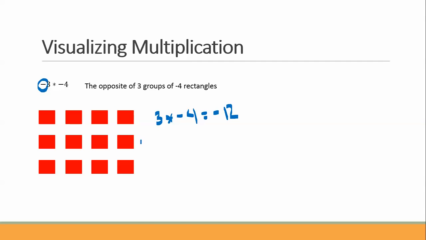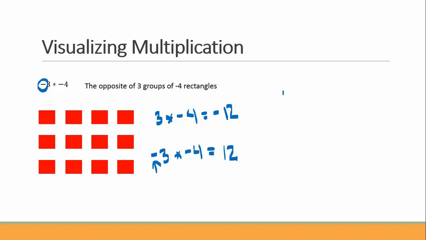That's what we found 2 slides ago. When we want negative 3 times negative 4, that's the opposite. This part tells us it's the opposite of 3 times negative 4. The opposite of 3 times negative 4 is the opposite of negative 12, so that's positive 12.